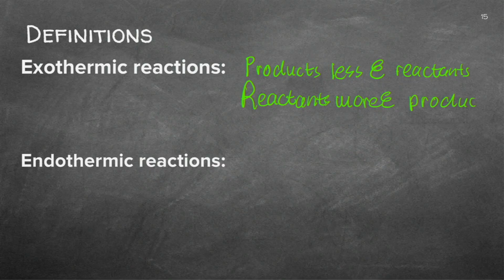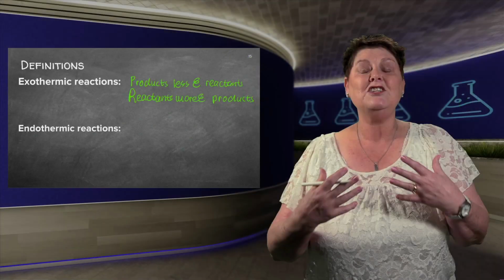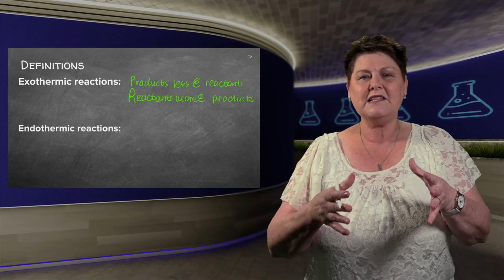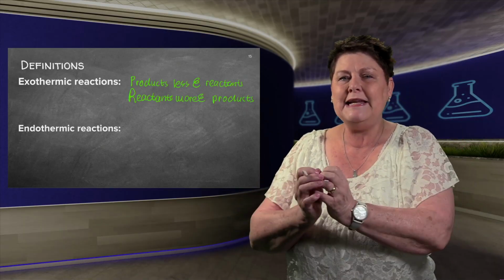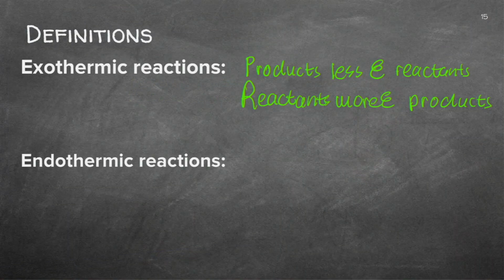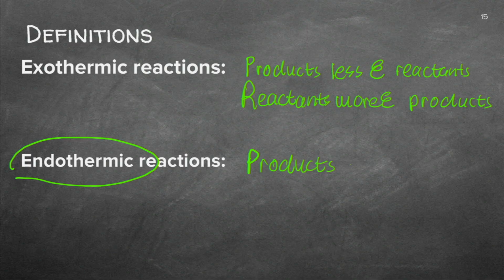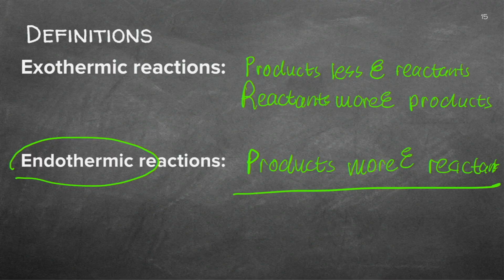You'll see in the next lesson where we draw graphs, it's much easier to understand. But this lesson is just telling you I'm breaking bonds and releasing and forming products again. Endothermic, so I'm releasing less, so the products have more energy than the reactants. Can you see here? I'm now releasing less energy.